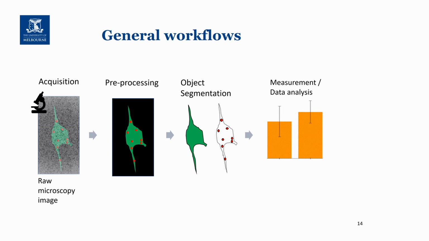I will go through each of these steps in more detail in the following slides. Depending on the type of analysis we want to do, sometimes we can use a single program, and other times we'll use different programs for each step because we need some specific function.